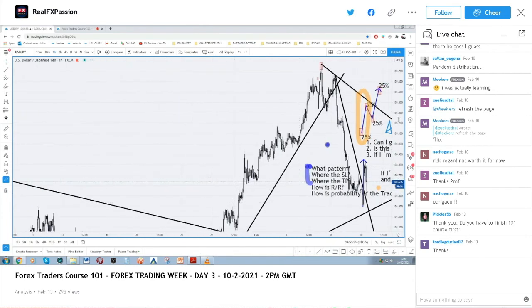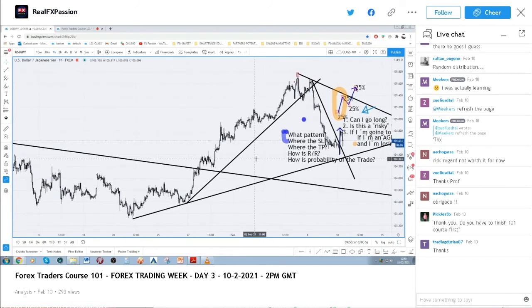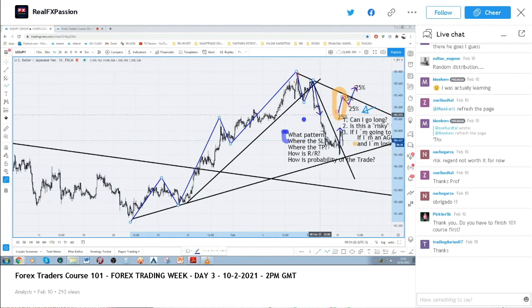So the market wave: highs and lows, extension, retracement, extension, retracement. We need to see a downtrend, extension maybe, retracement, extension, and then extension, retracement, and extension.